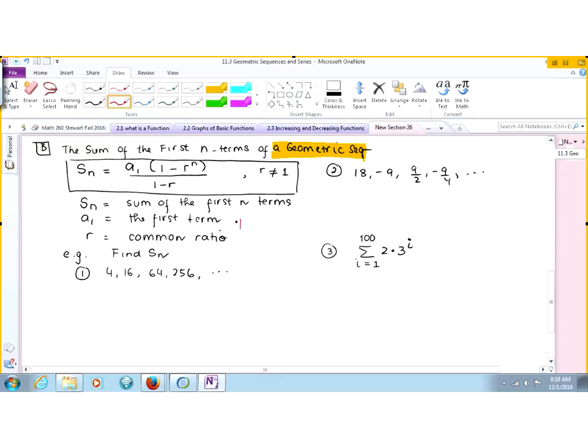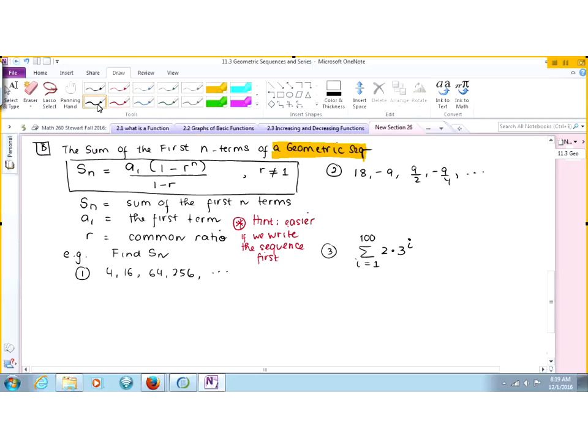So what you want to do here, this is a hint: it's easier if we write the sequence first. Then you know what is A1 and what is R.